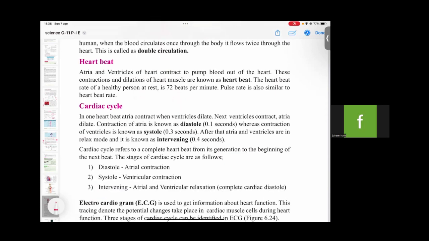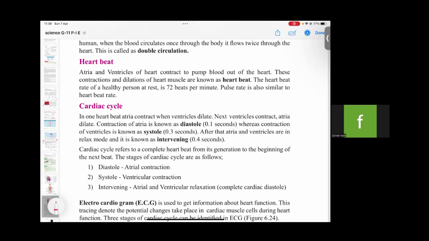And then we have the heartbeat. When you keep your palm on the left side of your chest, you can feel your heartbeat. It is because when the atria and ventricles pump blood out of the heart, it causes contraction and dilatation of the heart muscle, which leads to the heartbeat. This is almost 72 beats per minute in a healthy person.